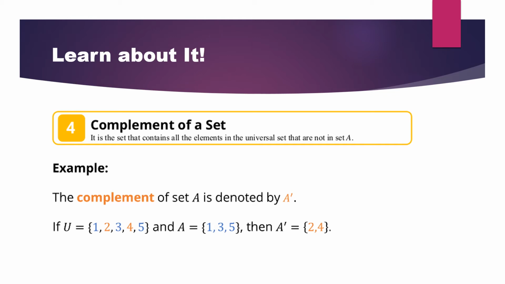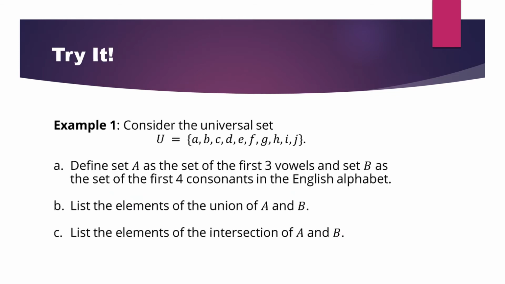For example number 1, consider the universal set U equal to {A, B, C, D, E, F, G, H, I, J}.